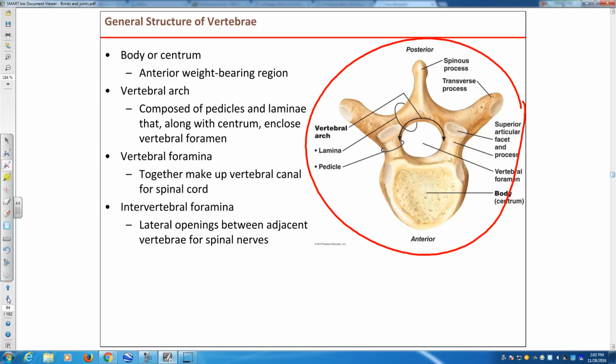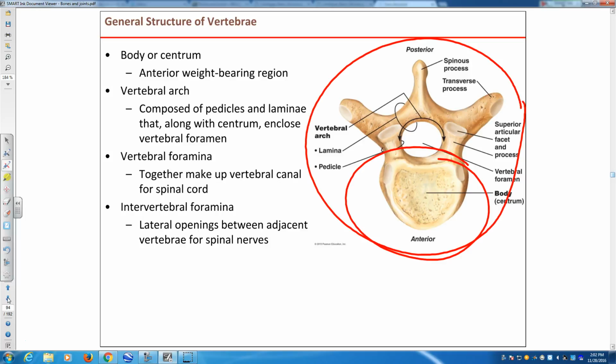So this is the typical vertebrae, in which you can see several elements. The body. And as you go from top to bottom, the body of the vertebrae becomes bigger and bigger because it has to support more and more weight. That makes sense?